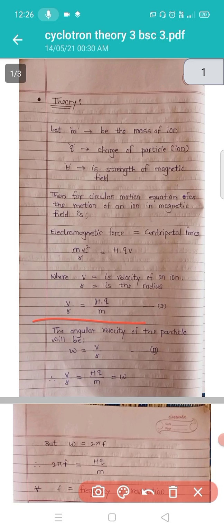Then the angular velocity of the particle will be given by omega is equal to v upon r, but we already derived v upon r is equal to Hq upon m. Equating both equations, we get v upon r is equal to Hq upon m is equal to omega. But we know that omega is equal to 2 pi f.